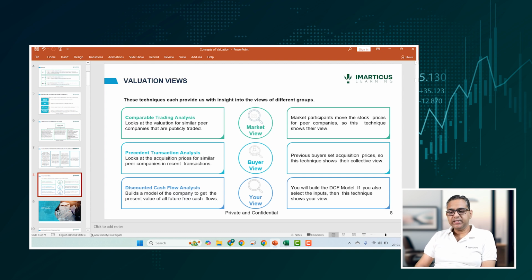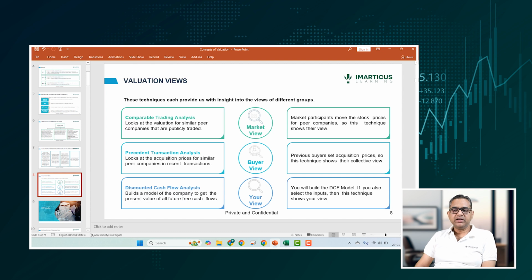And if we are doing DCF analysis, we are very much focusing on our view. That means, what is the analyst thinking about the company? What are the estimates, assumptions the analyst is making? So the DCF approach captures a lot of that analyst's view. There we are not looking at buyer's view or market view.